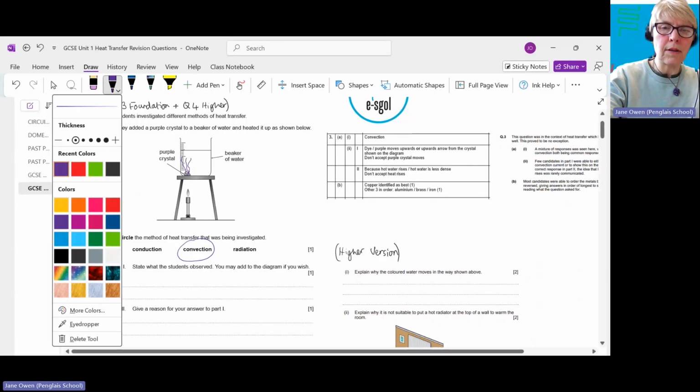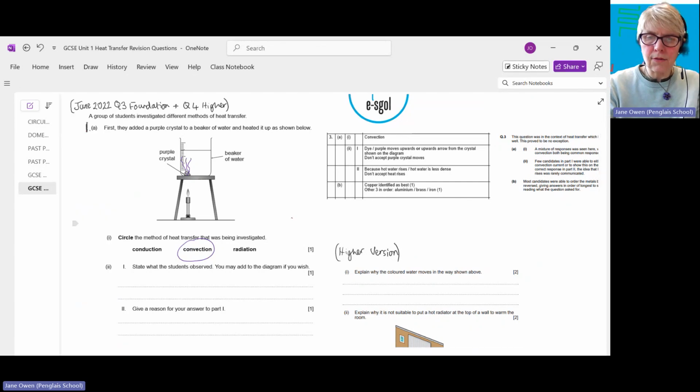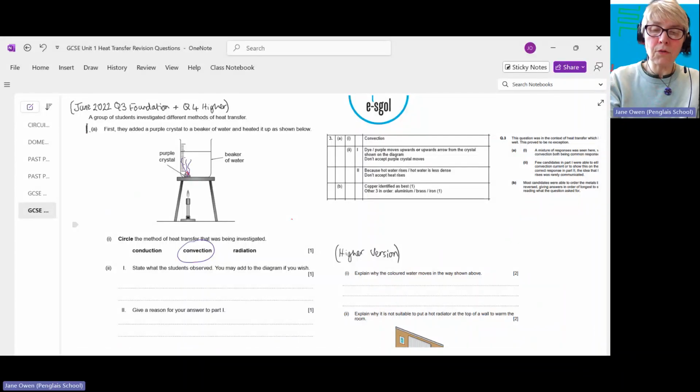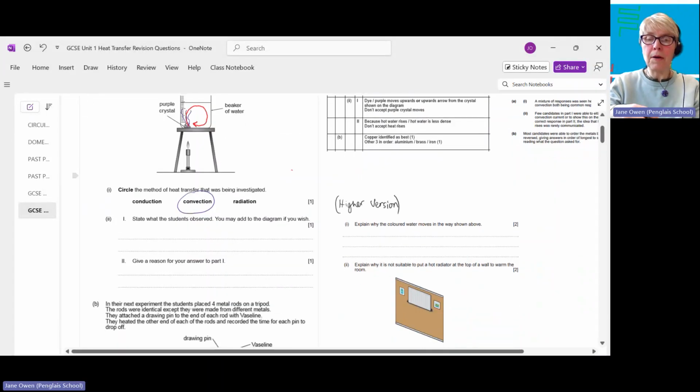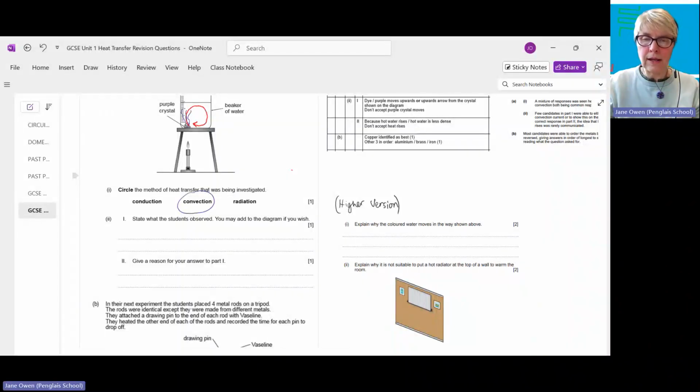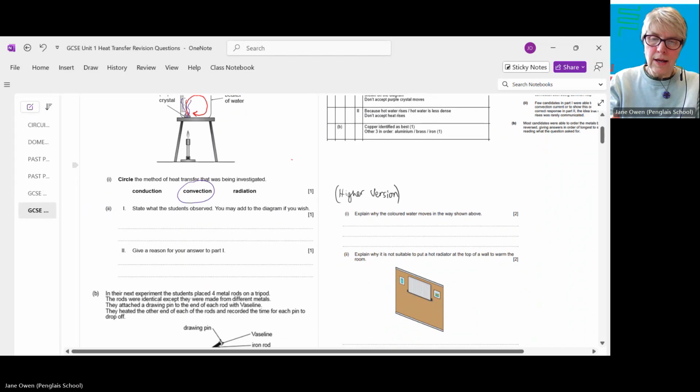Okay, and what they want then is to state what the students observed. You may add to the diagram if you wish. So we have a convection current set up where the hotter water becomes less dense and the colder water sinks to take its place. The purple dye will rise and then sink eventually to form this lovely convection current.